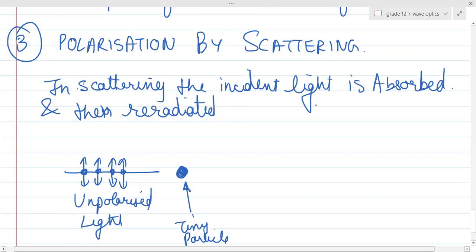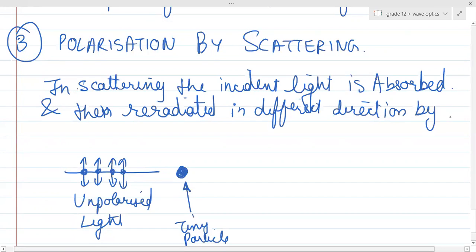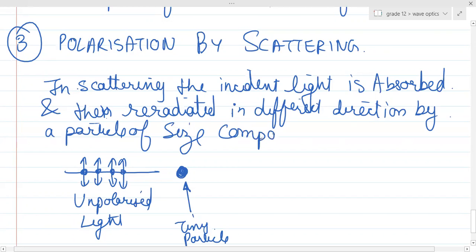So in scattering, the incident light is absorbed and then re-radiated in different directions by a particle of size comparable to the wavelength of light.